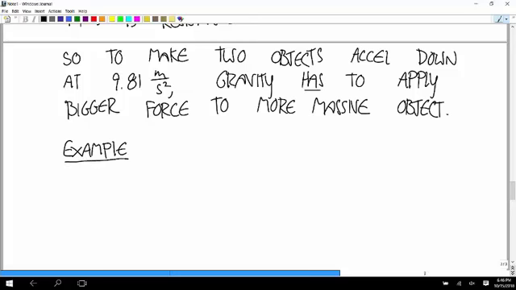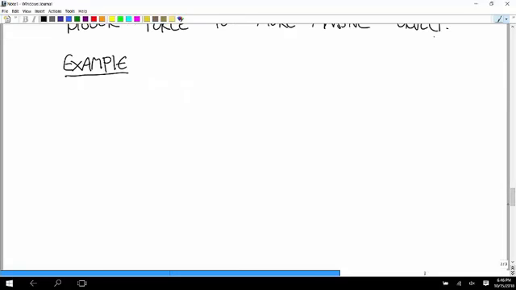here's an example problem. Let's say that there's a scale sitting on the floor and a man standing on the scale. And let's say the man has a mass of 100 kilograms.